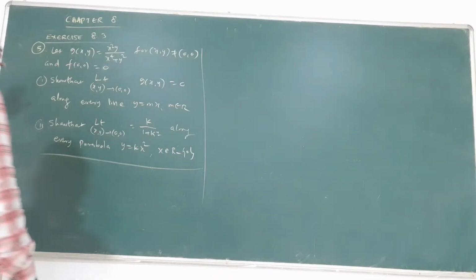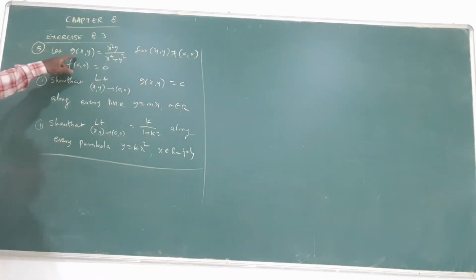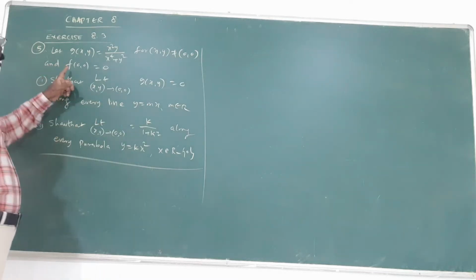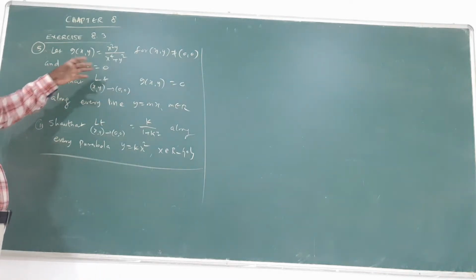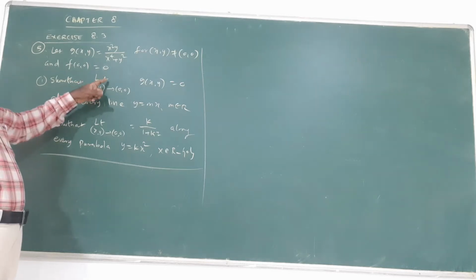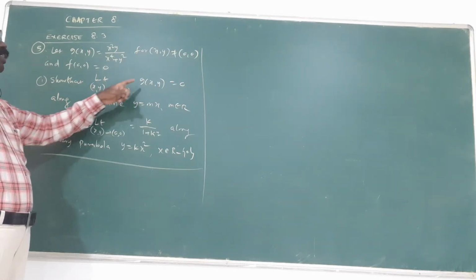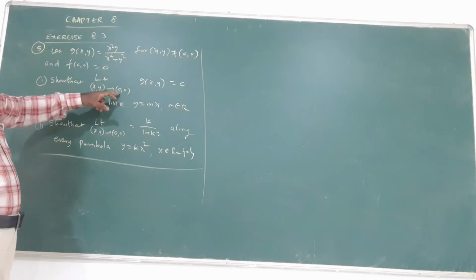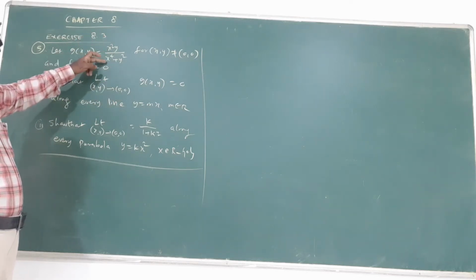Now listen here, fifth problem. Let g of x y equal x square y divided by x power 4 plus y square for x comma y not equal to 0, and g of 0 comma 0 is 0, this is given. Now show that the limit as x comma y tends to 0 comma 0 of g of x comma y is 0 along every line. Directly applying x is 0, y is 0, 0 by 0 will come.